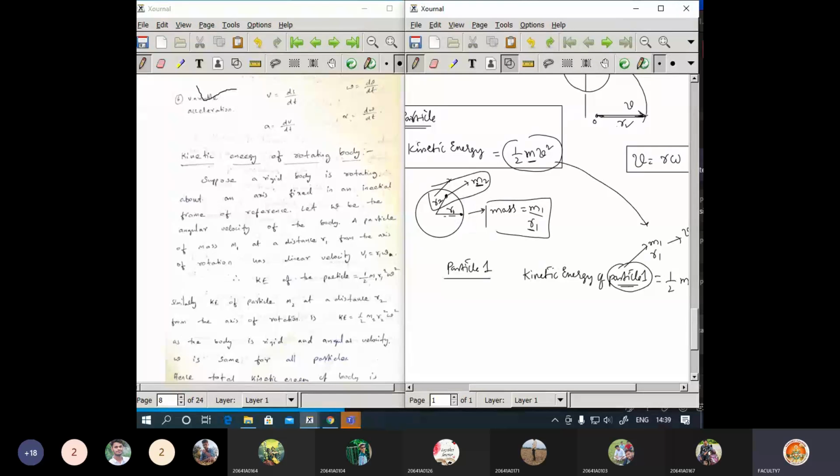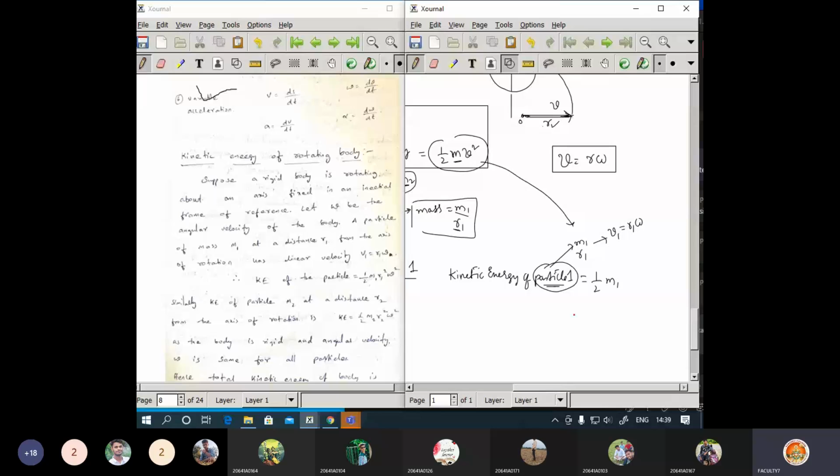So here this object is rotating. Let me change the color. The rigid body is rotating with some angular velocity omega, so omega will remain the same. Wherever we get omega, we will write only omega.